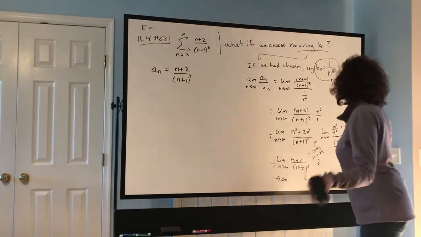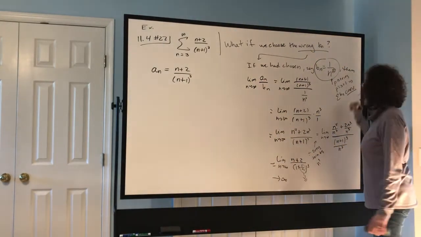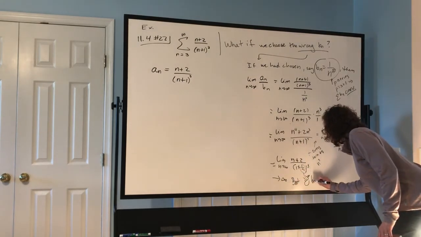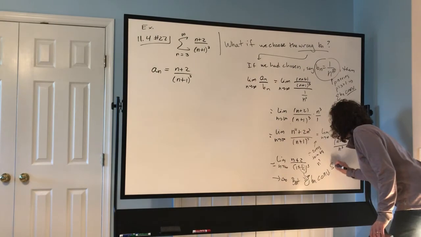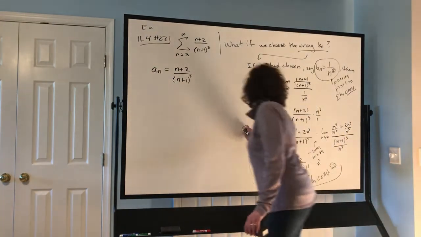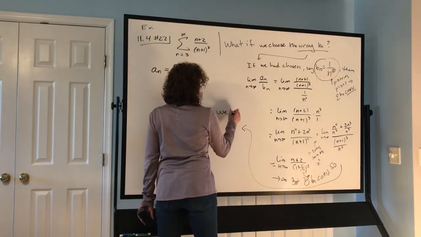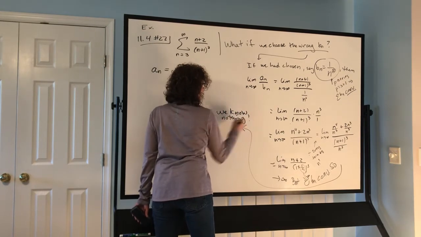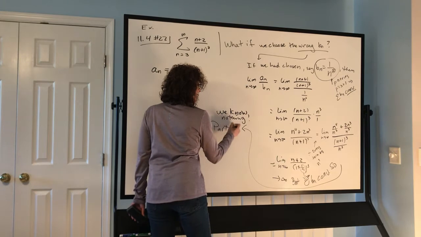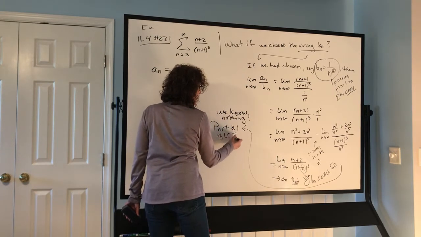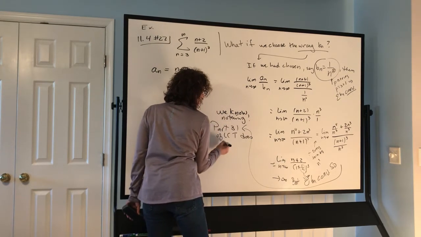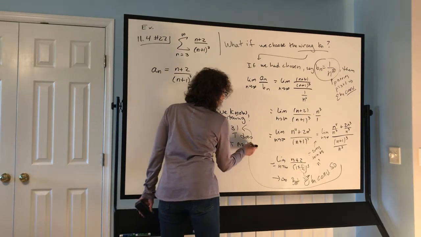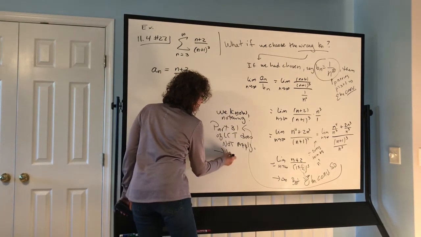What does that tell you? It tells you you picked the wrong BN. But BN converges, so we know nothing. Part 3 of the limit comparison test does not apply. You picked the wrong BN.